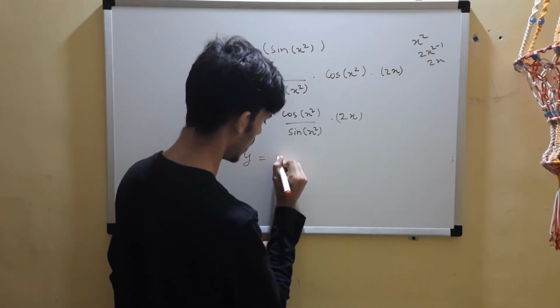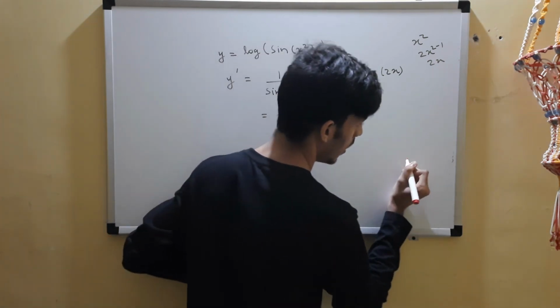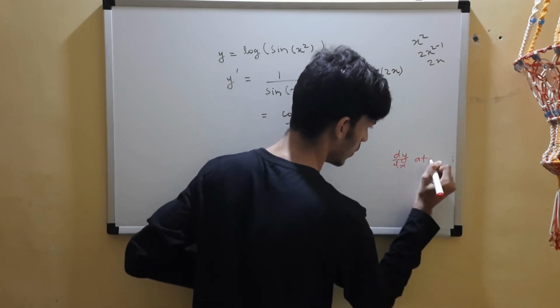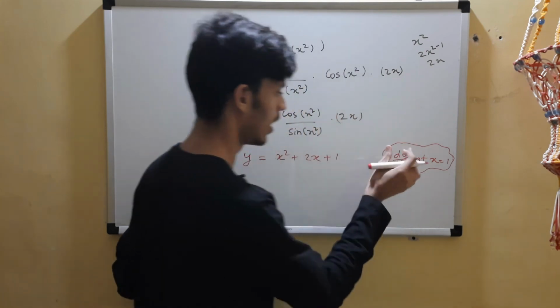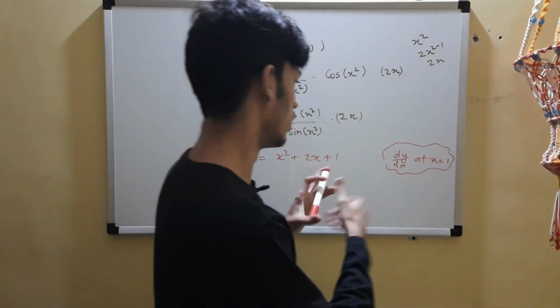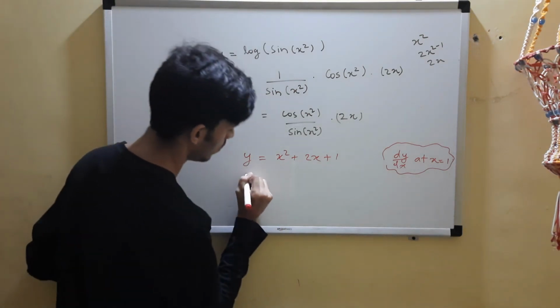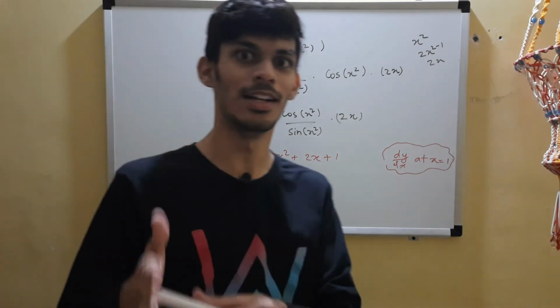So I'll choose x square plus 2x plus 1, and they have asked you for dy by dx at x equals 1. This will be the case in most of our kinematics problems. They'll ask you to compute the derivative at a certain point. So how to do that? First, find the derivative.